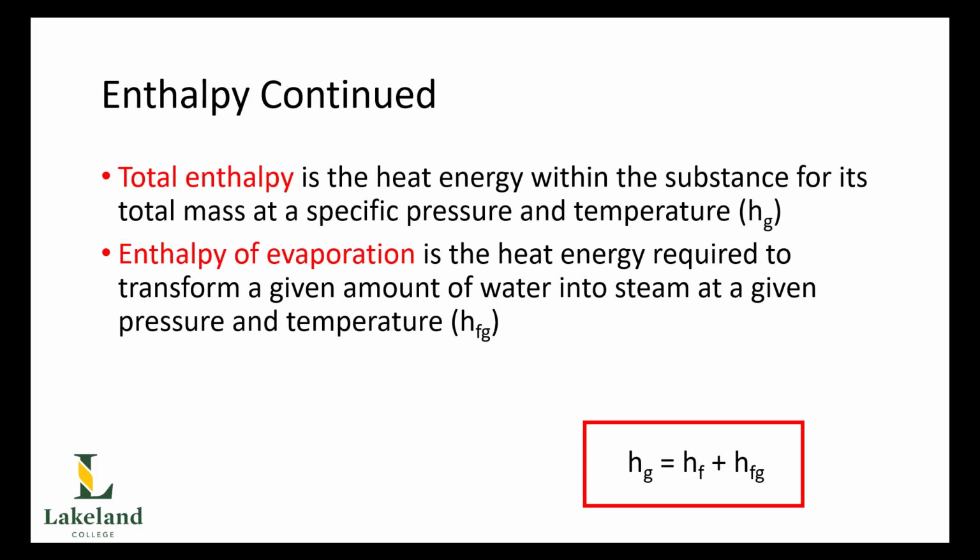When we add those two together, we get our total enthalpy, Hg, which is located at the saturated steam point. The other enthalpy we talk about is the enthalpy of evaporation, or again could be called the enthalpy of vaporization. This is simply our latent heat. So it's how much heat we require to drive the state change. On our graph and in our steam tables, this is simply our hfg value for the enthalpy of our fluid to gas.